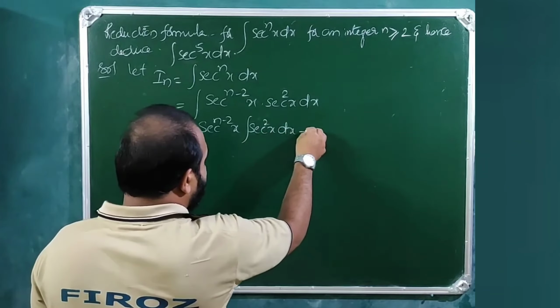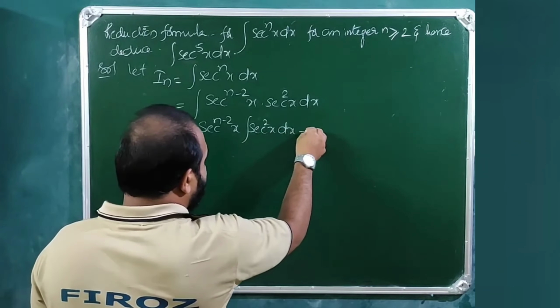So n minus 2 is multiplying with both of these, and the integral dx is also to be distributed for both of them. So this is n minus 2 integral secant power nx dx, minus into minus plus n minus 2 integral secant power n minus 2x dx.